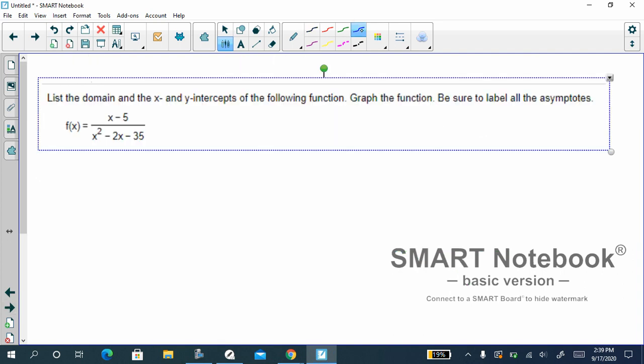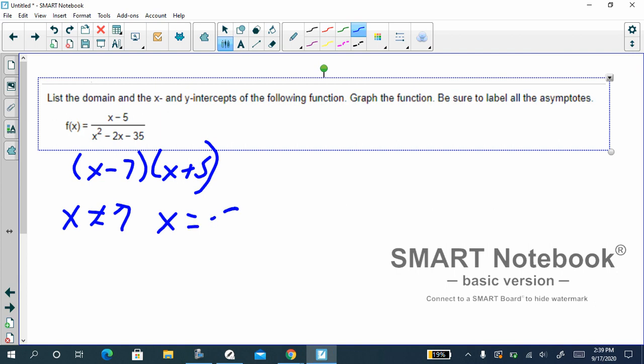All right, if we take a look at this one, let's notice that our denominator here factors to x minus 7, x plus 5. So x cannot be 7, and x cannot be -5. That's what makes it undefined.